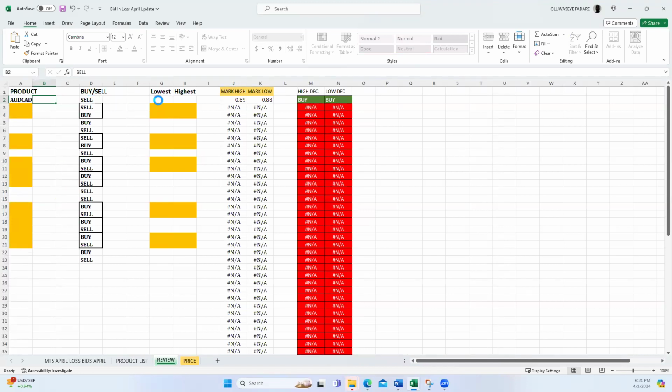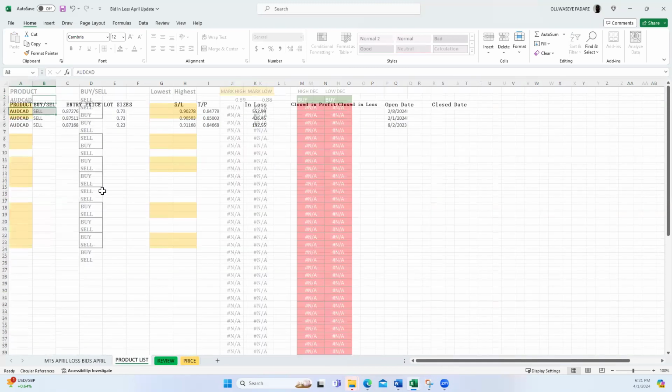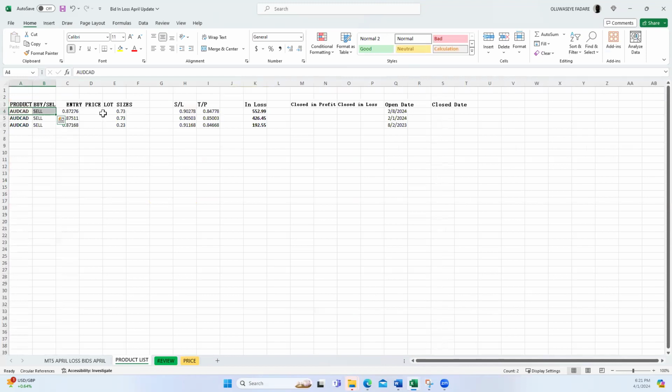So the next thing we are going to look at, so this is sell. We are going to look at the lowest price of those sell and then the highest of them as well. So what's our lowest price? Looking at these prices, our lowest of them is 0.87168 and our highest is 0.875. Can you see that?